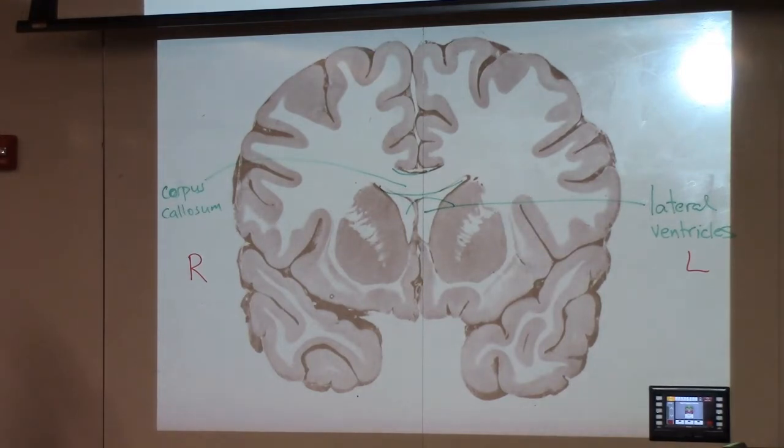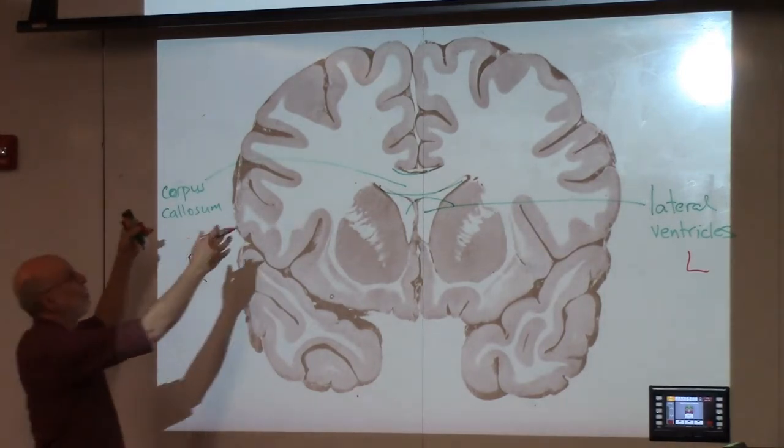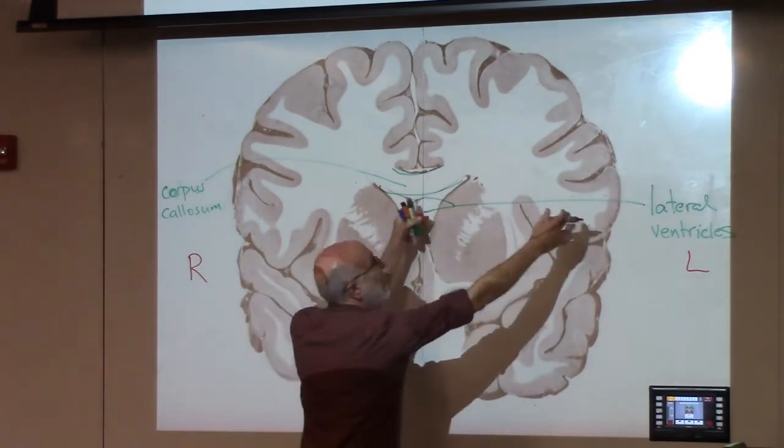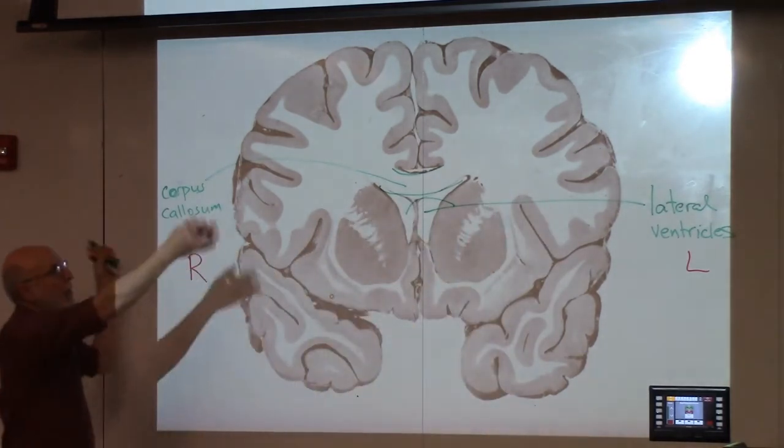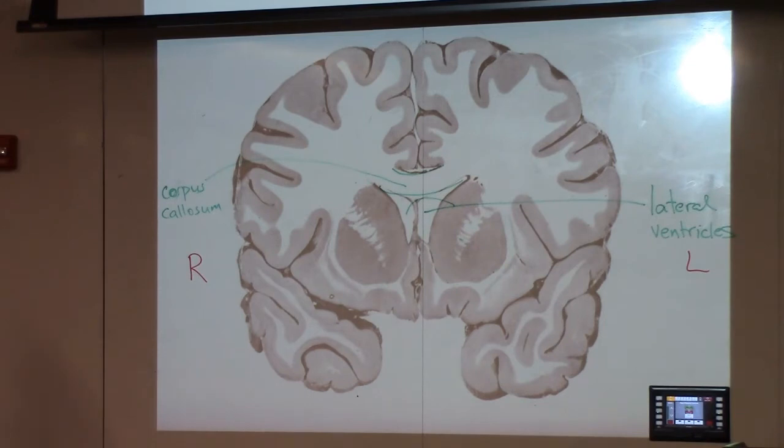Okay, so this is the right cerebral hemisphere and this is the left cerebral hemisphere. And you could say the whole thing is the cerebrum. I'm okay with that. Is that the thalamus? No, because I told you just now that we are anterior to the thalamus. The thalamus is not in this image.